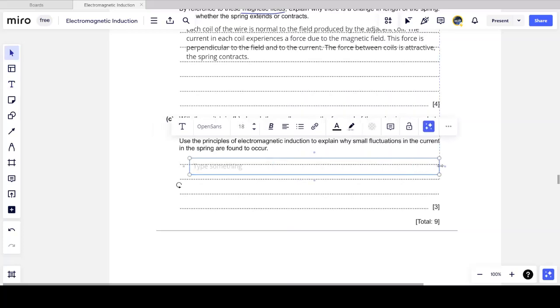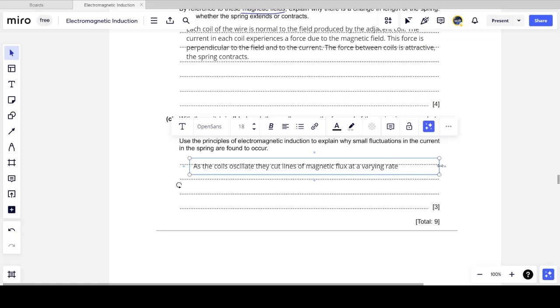So basically what I'm trying to say is that as the coils oscillate, as they move up and down, they cut lines of magnetic flux, which we've already explained in the previous question. But it's very important that we explain that they do so at a varying rate.